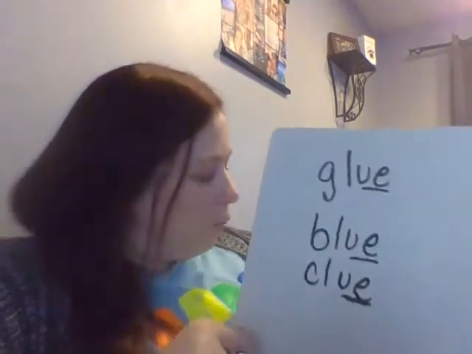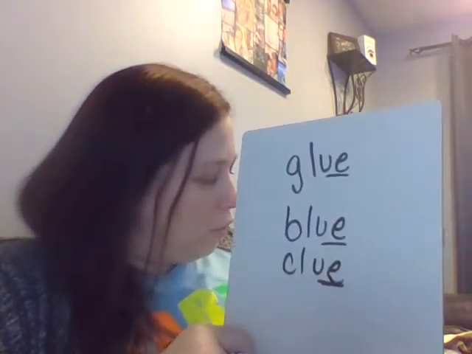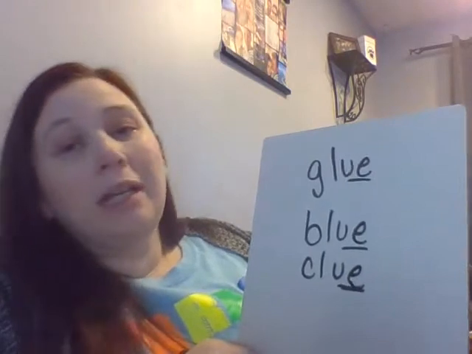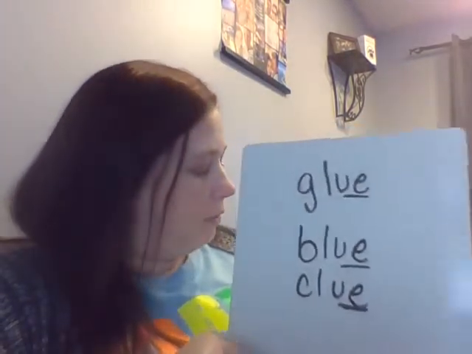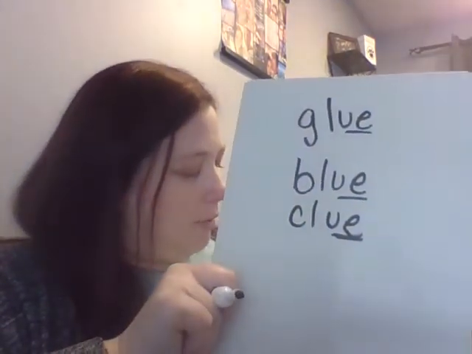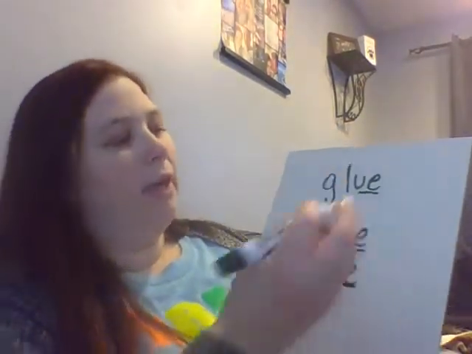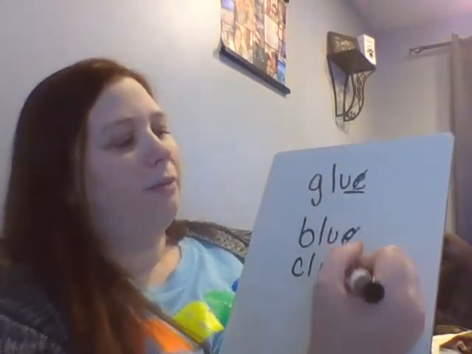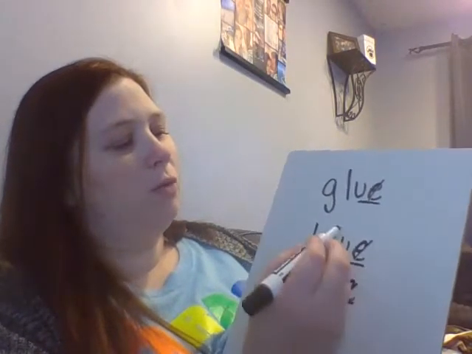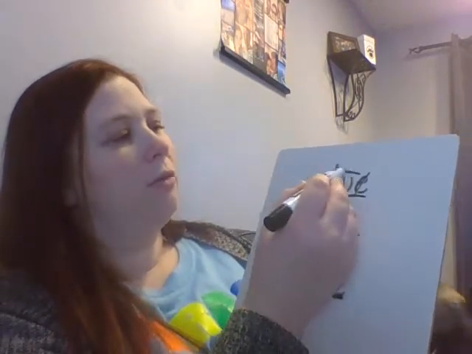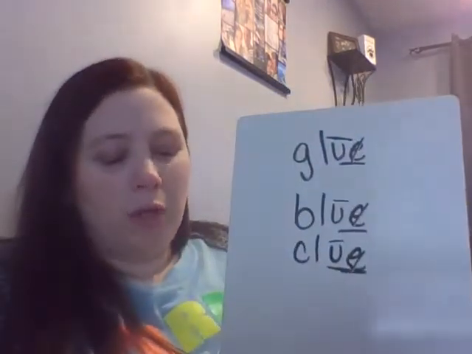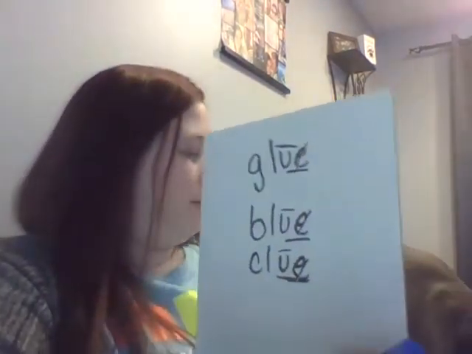We don't usually end words in U in the English language, and so we use this U-E to make that U sound. All right, and with a digraph, we underline, right? So I've already done that, and then we wouldn't be saying that E sound. We'd cross it off, and we'd just say U, and we'd say the long U sound with a macron. So when you're coding, we would look like this.